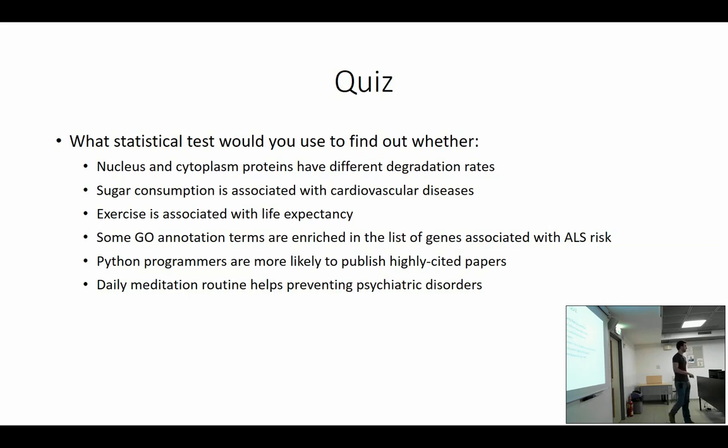That's a good question. The question is about some Go annotation terms. So you need to check which one of the terms is enriched with this group. Let's say that I want to get a list of Go annotations which seem to be enriched with ALS risk.